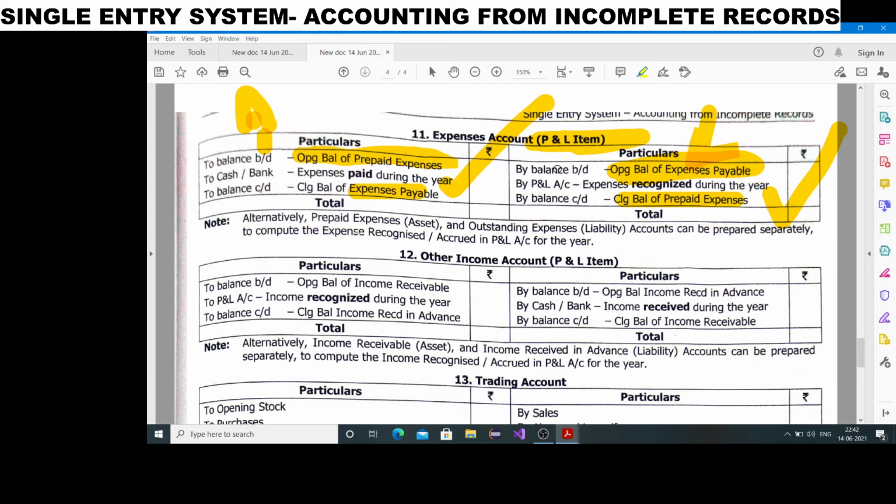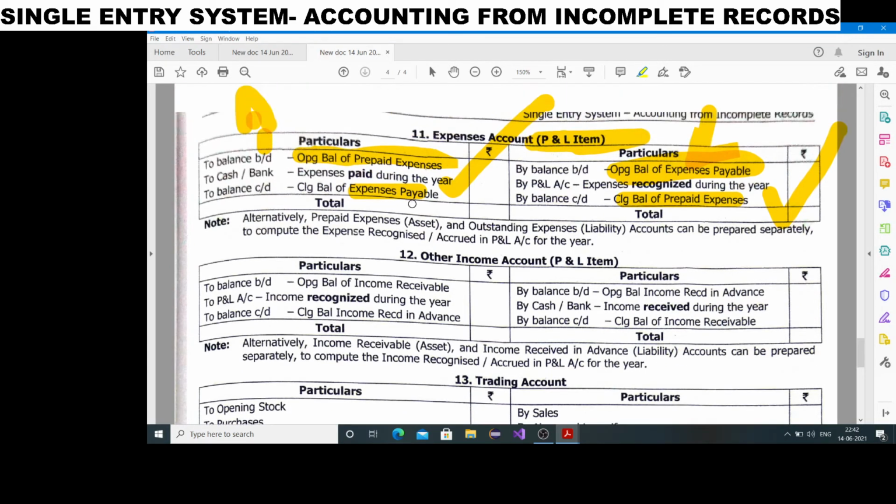So for the expenses account, we can find the total expenses made during the year, which we will charge to the P&L account. Charge to the P&L account is the debit side of the P&L account, that is to expenses, right? Profit and loss account debited to expenses, and if we have paid during the year, this is the total expenses recognized, if this is the amount of expenses paid during the year.